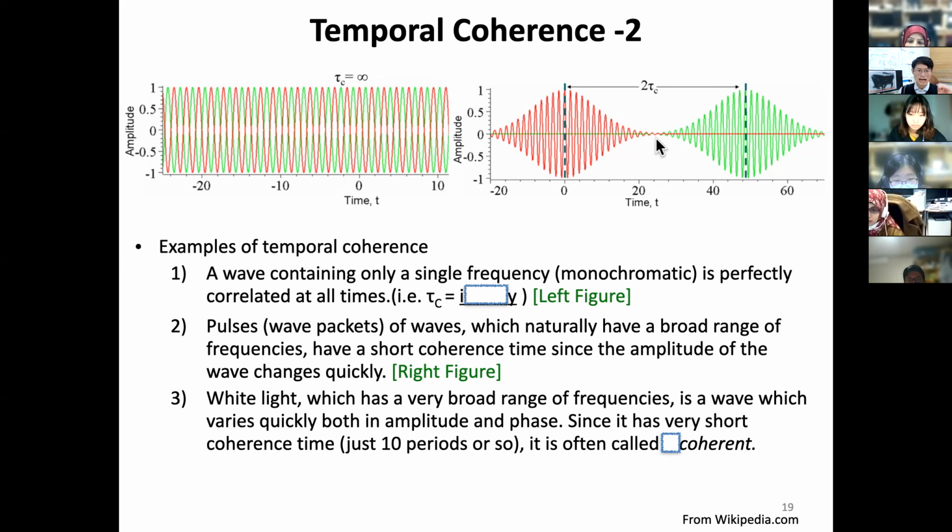Okay, so now I'm going to go into a little bit more of temporal coherence. If a wave contains only a single frequency, or we call it monochromatic, then it's perfectly correlated at all times. In this case, what is the temporal coherence time?